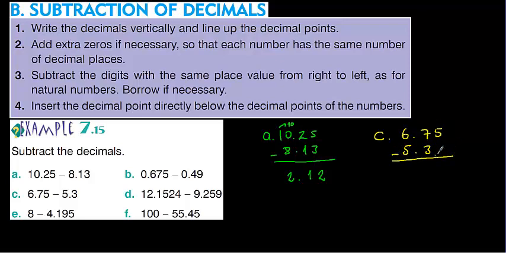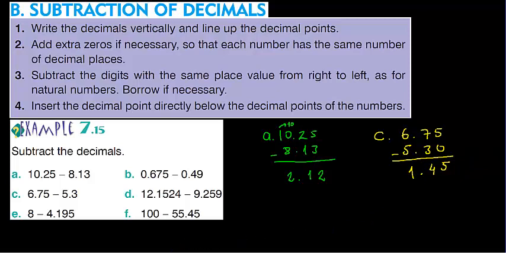When you start to subtract here, the decimal places are not equal, so we are going to add one decimal place here. When we add the decimal place, 5 minus 0 is equal to 5. 7 minus 3 is equal to 4. Then the decimal point, 6 minus 5 is equal to 1. So the answer is 1.45.